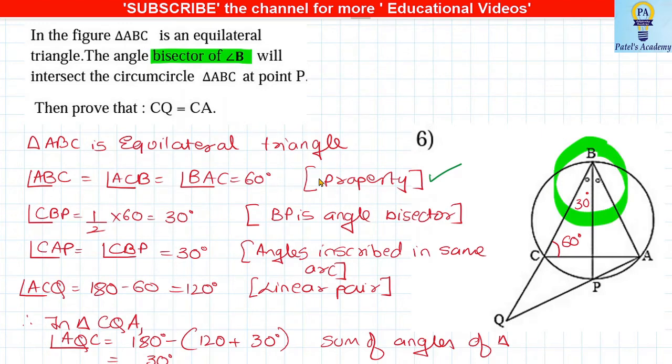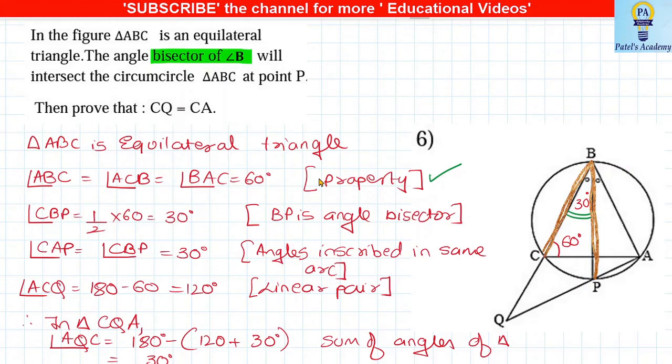So angle B is 60, so half of that is going to be 30. So angle CBP is going to be 30. I'm talking about this angle that I have marked with green in the figure. Now just see the figure, students. I'm talking about angle CBP, and I'm showing with golden brown color.